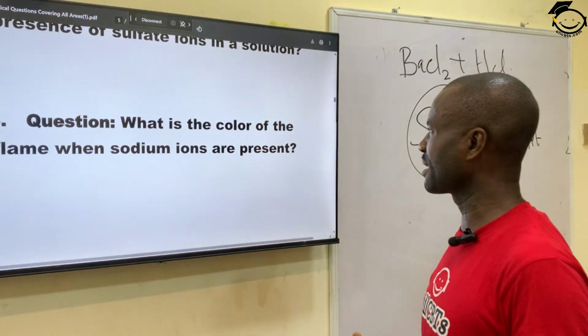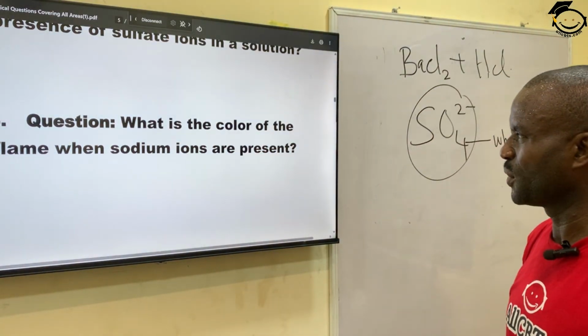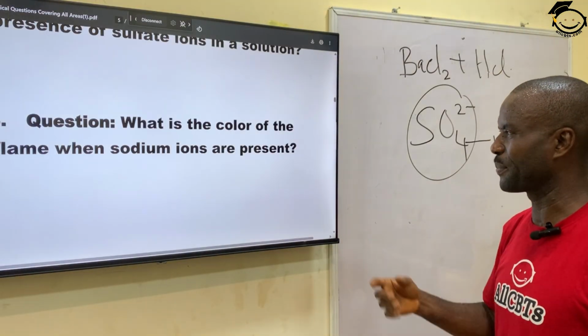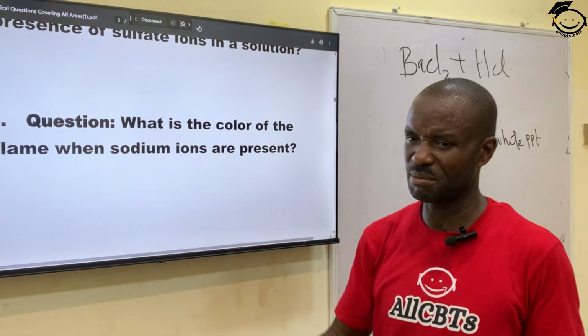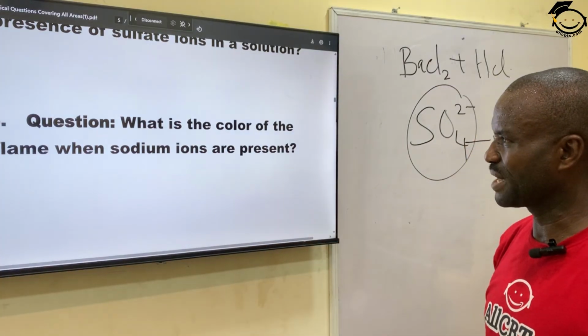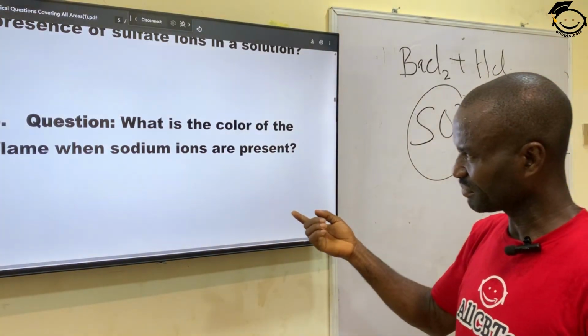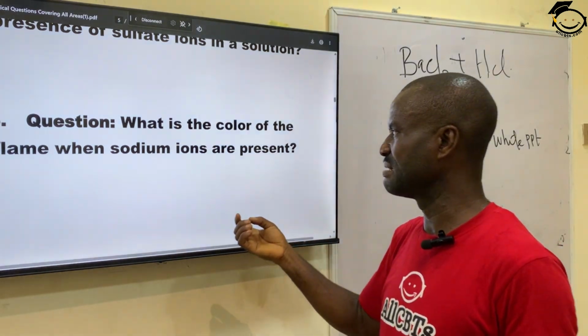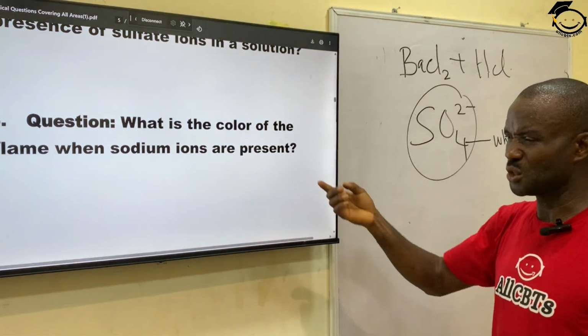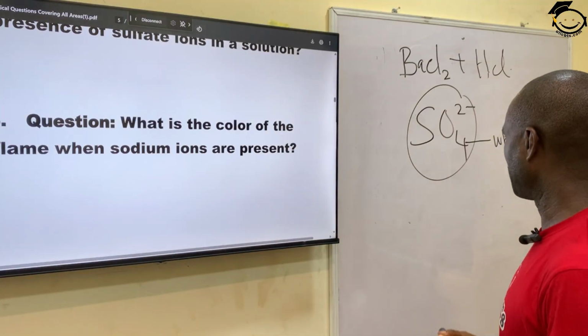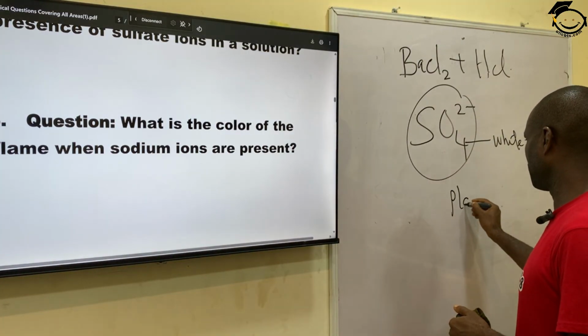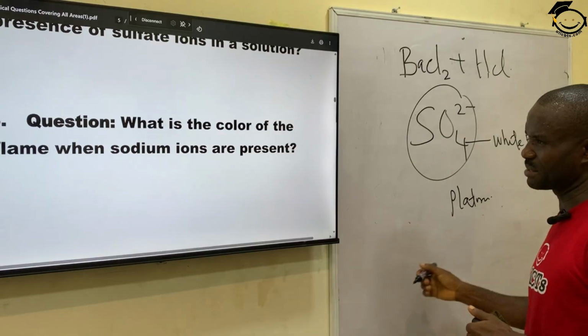So what is the color of the flame when sodium ion is present? How do you identify sodium ion? You put some quantity of the solution on a platinum wire and hold it over the flame.